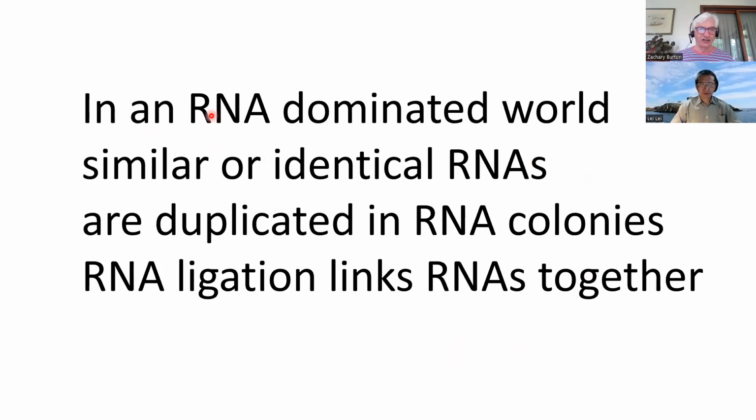So we're talking about pre-life now. In an RNA-dominated world, you have similar or identical RNAs, and they're duplicated in RNA colonies, and they're duplicated by RNA ligation, linking RNAs together and making more complex molecules. So from many helices, you get transfer RNAs.